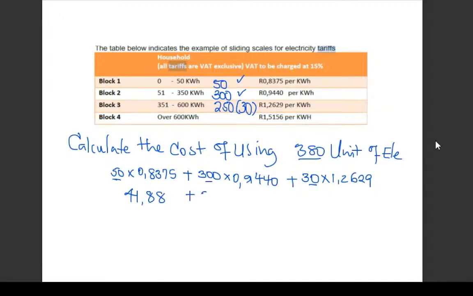You have the answer 183 rand 20 cents plus the 30 times 1,2629 becomes 37.80. I round off my answers.